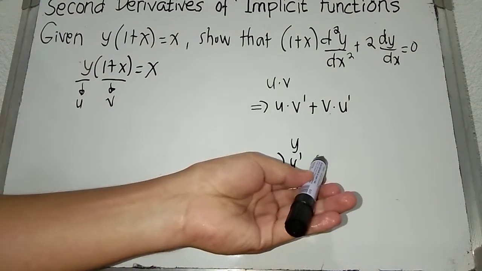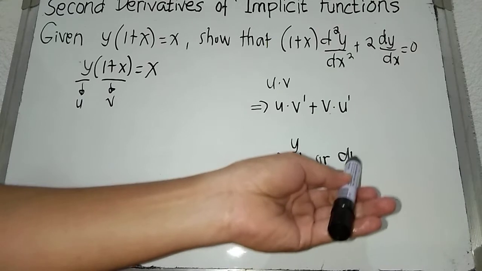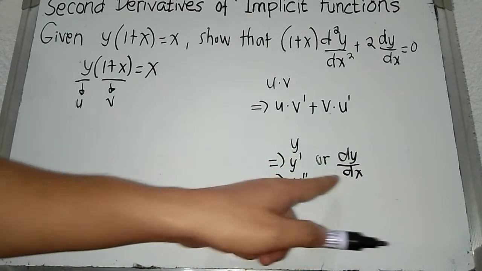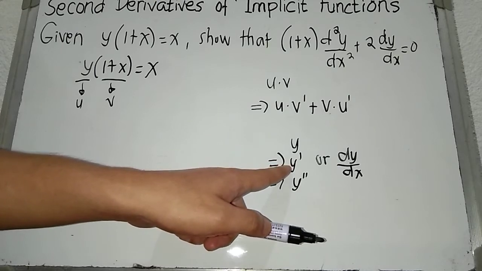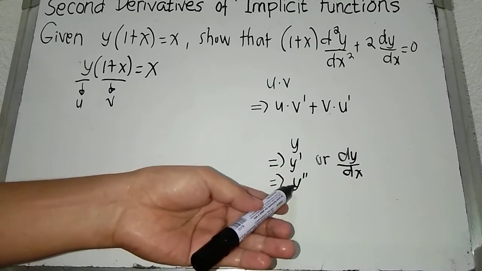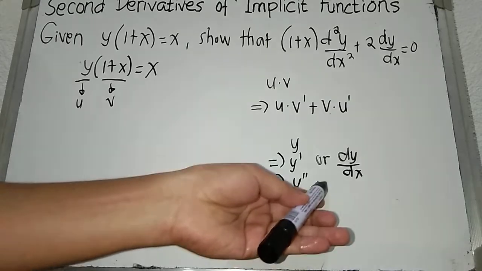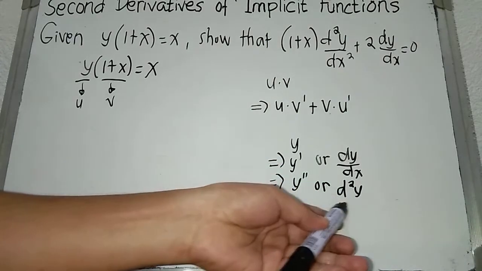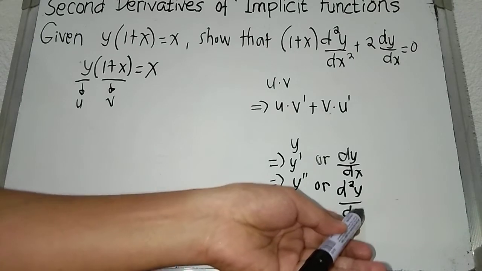It's the same thing when I say dy over dx. So dy over dx is the first derivative, the same thing as y prime. And y double prime can be written as the second derivative of y with respect to x.